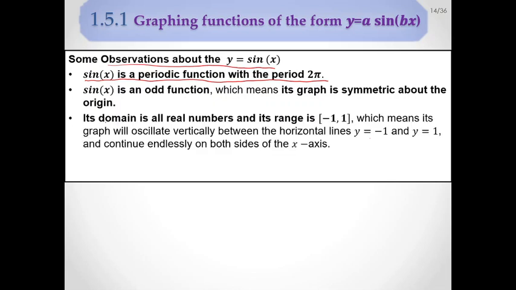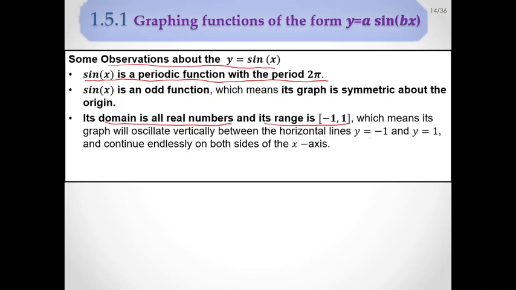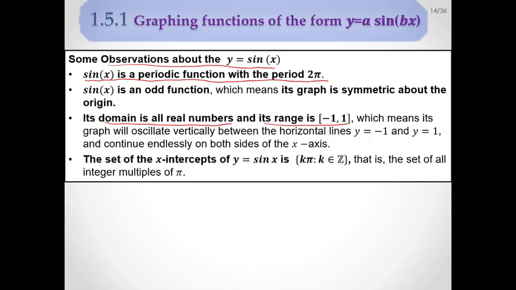Now its domain is all real numbers and its range is -1 to 1. In the graph you will see that it continues along the real line, and the range is between -1 and 1, which means its graph will be somewhere here between -1 and 1. And the other thing here is the x-intercepts of y equals sine x are integer multiples of pi.